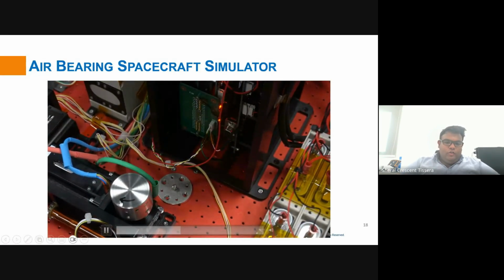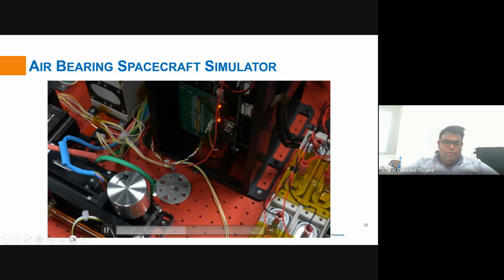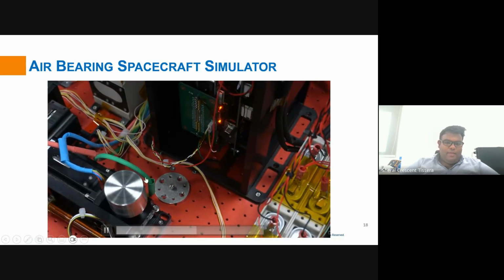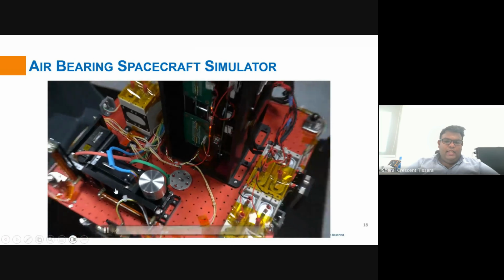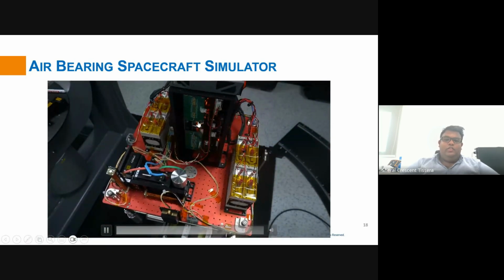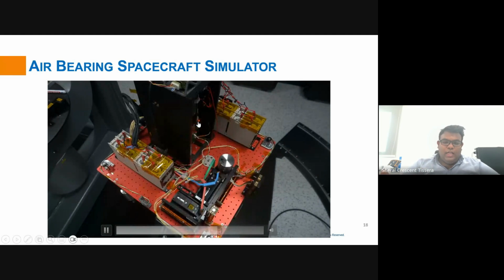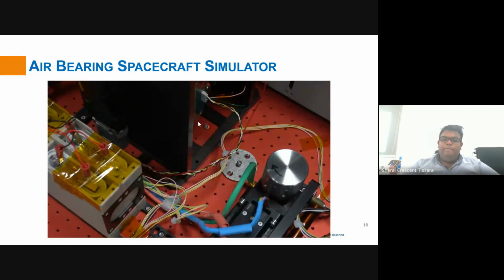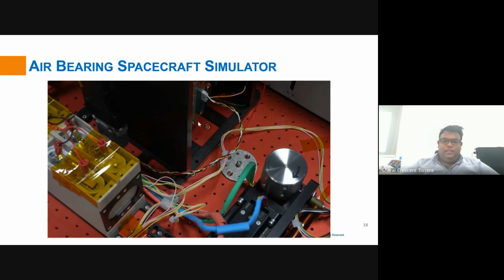Now this video shows how the reaction wheel operates. So when the reaction wheel operates in a clockwise manner, you can see that the simulator will operate anti-clockwise. So the angular momentum of the platform is conserved.